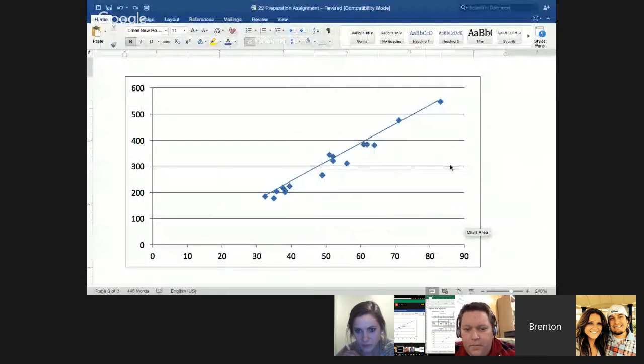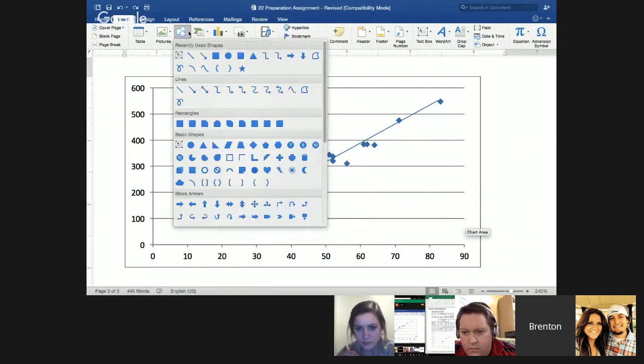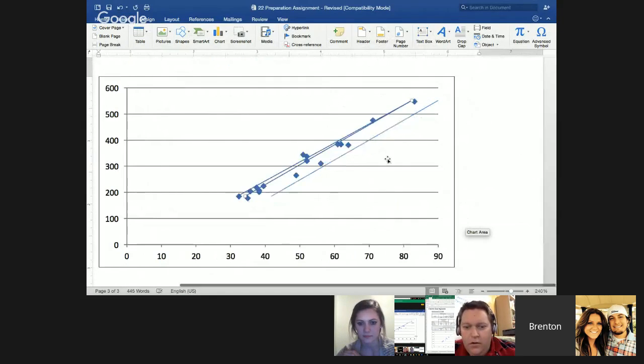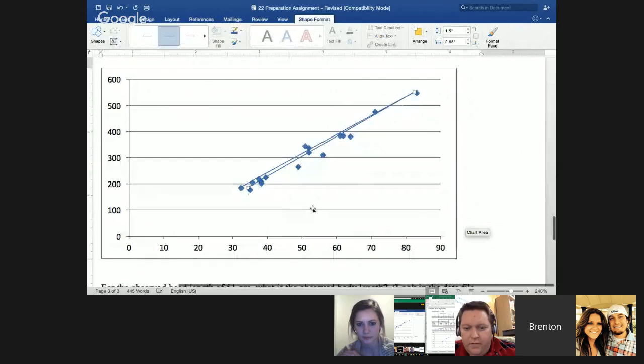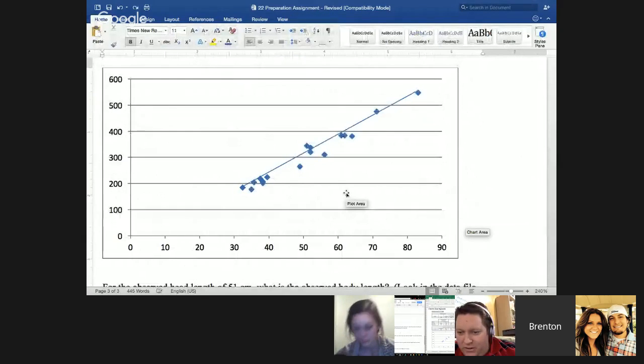So how did you make that line? I just went to insert in Microsoft Word and went to shapes, and I just grabbed one of the lines and just drew it on there. Yeah, that's what I just did. Okay, right through the middle. I was wondering if there was a place where you could type in the equation too. Yeah, that's what I was wondering.